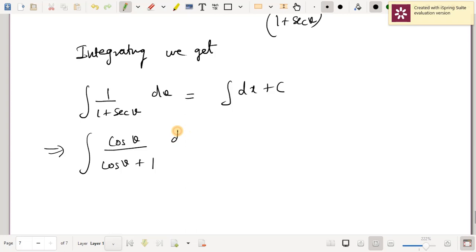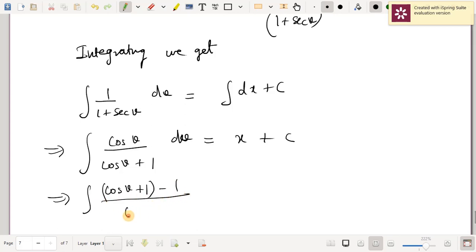This dv is equal to x plus c. Here we need to balance the term to integrate this. So what I can do is write cos v plus 1 as one term and balance it by minus 1, the whole thing over cos v plus 1, into dv equals x plus c.